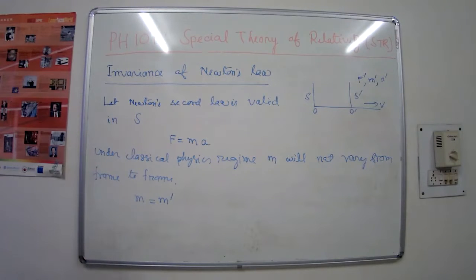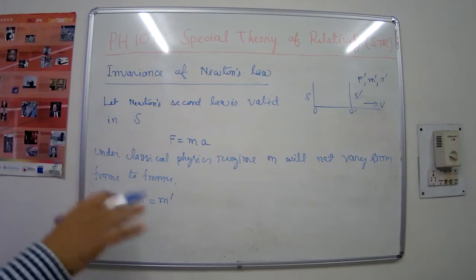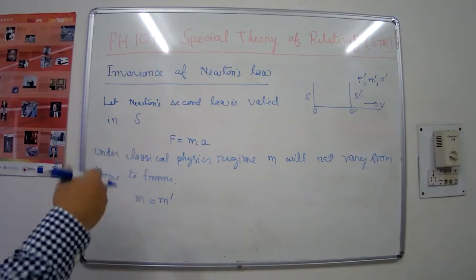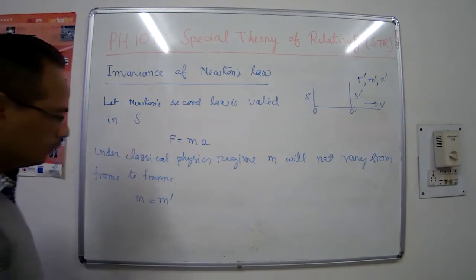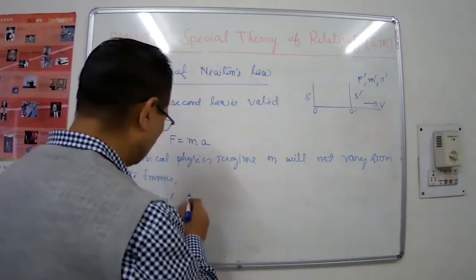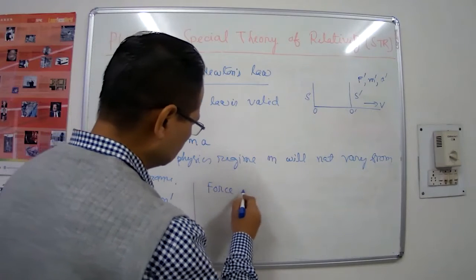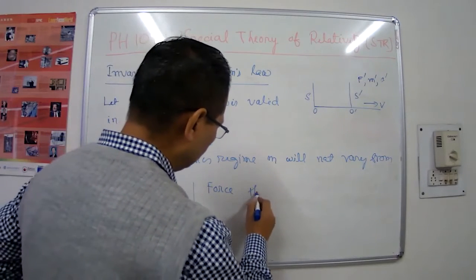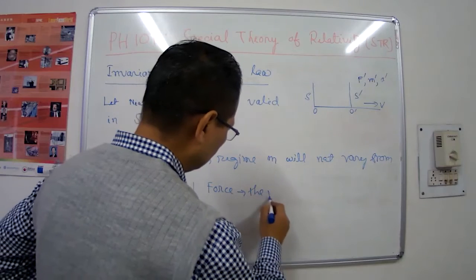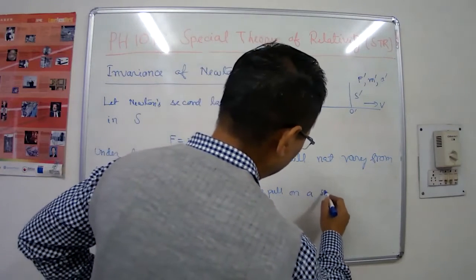That is number one. Now, since you know that mass is invariant, whether you are making the measurement in S or S prime, now you assume that this force, which can be also of different form, but I consider that force is the pull on a spring balance.